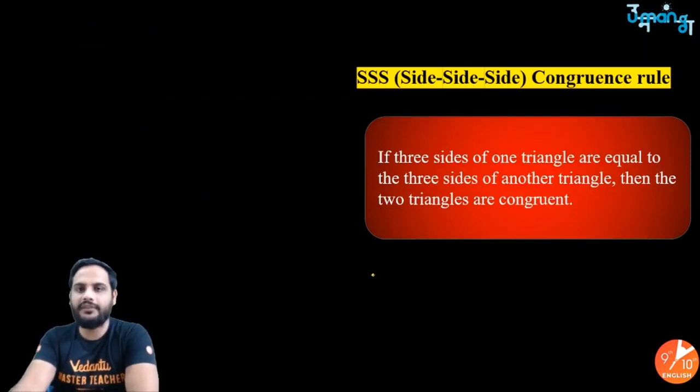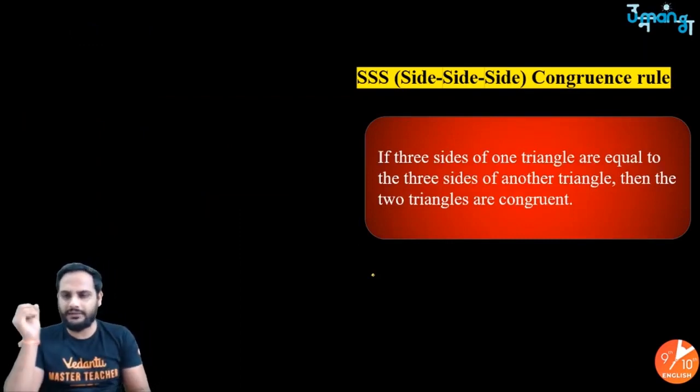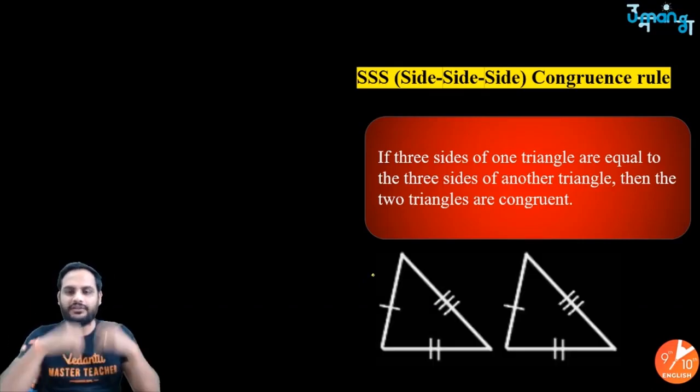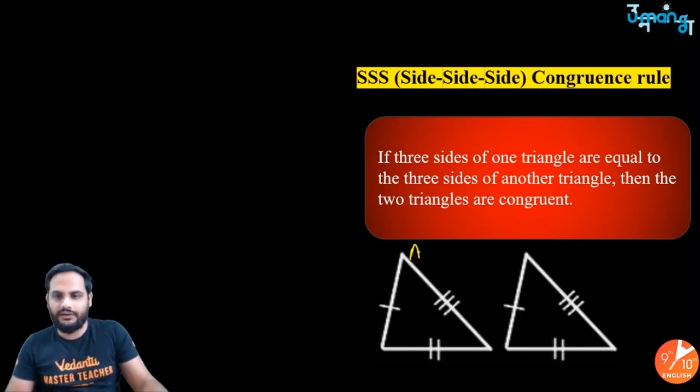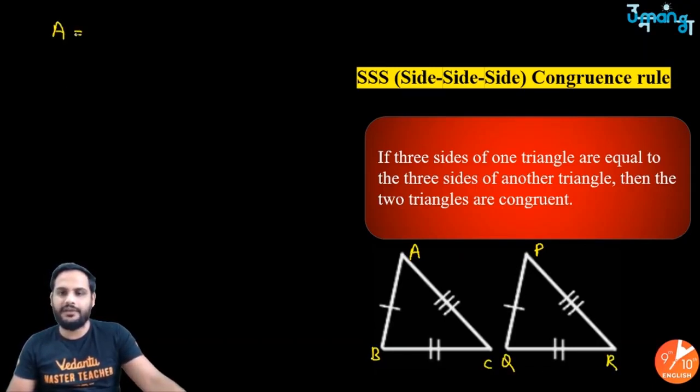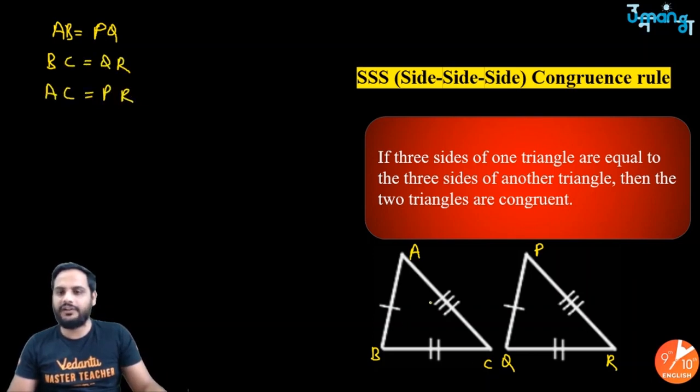The next one is your SSS criteria, and you can understand it by the name itself. Three sides of a triangle equal to three sides of another triangle. So let's say if it is ABC and if it is PQR, you can clearly see AB is equal to PQ, BC is equal to QR, and AC is equal to PR is given. So all the three sides of this triangle are equal to three sides of another triangle.